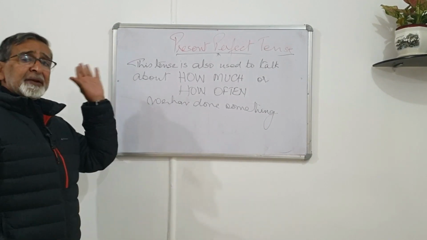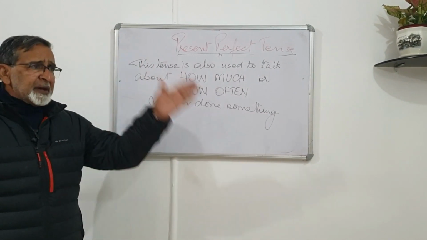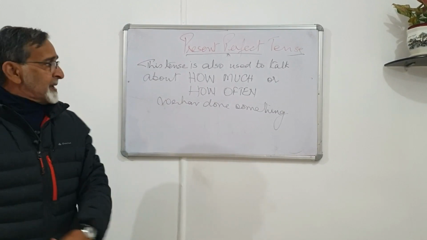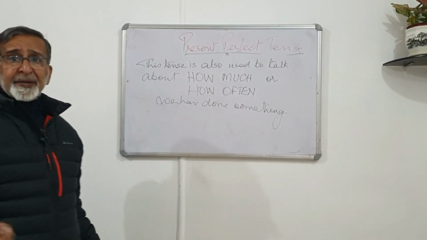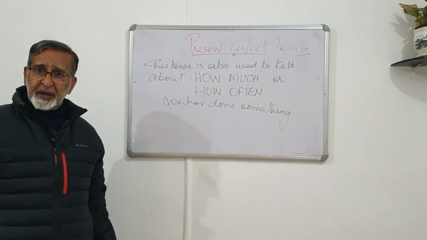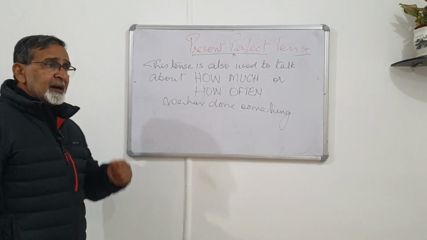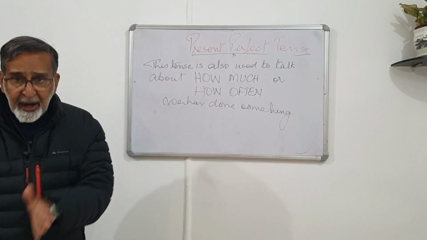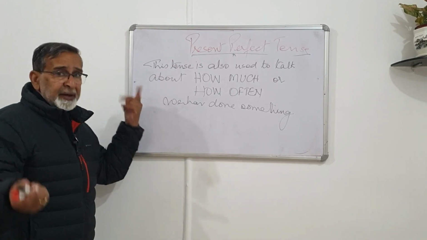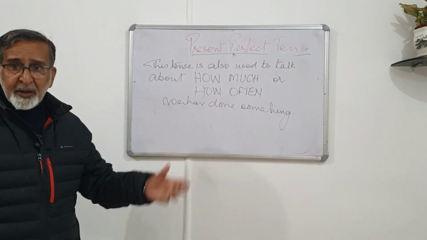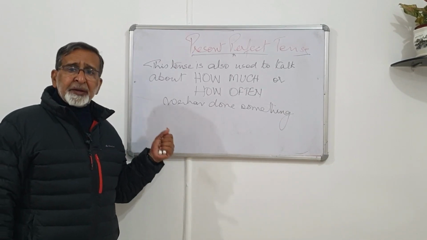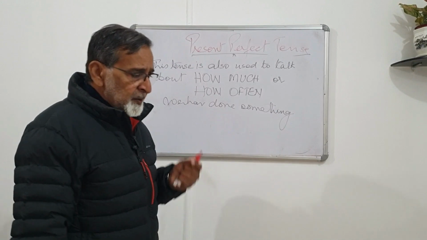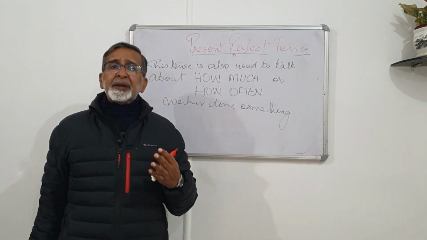So ever since I was born, or ever since the picture was made, I have seen it thrice. That is how often. I have saved 10,000 rupees till now. So ever since I started earning, till date, till today, I have saved only 10,000 rupees. Is that quite clear?